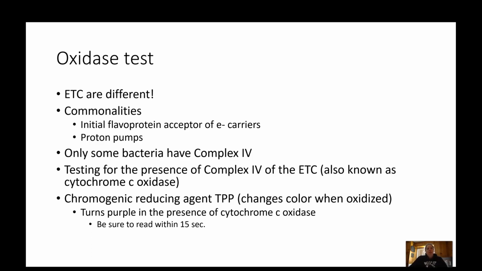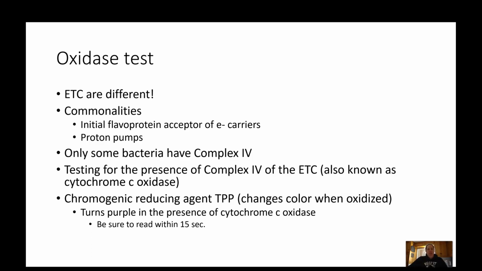So we're going to test for the presence of this specific enzyme, the cytochrome C oxidase, by adding a chromogenic reducing agent. And that sounds very fancy, chromogenic reducing agent. Simply what it means is that when it gets oxidized, it's going to turn color. So think about how iron goes from gray to red when it becomes oxidized. And that's really what this chemical is doing.